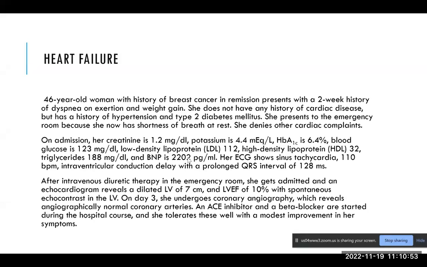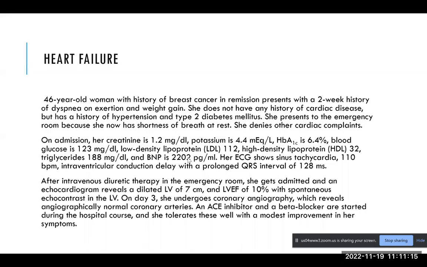46 years old woman with a history of breast cancer in remission, presents with 2 weeks history of dyspnea on exertion and weight gain. She does not have any history of cardiac disease, but has a history of hypertension and type 2 diabetes. She presents to the emergency room because she now has shortness of breath at rest. She denies other cardiac complaints.